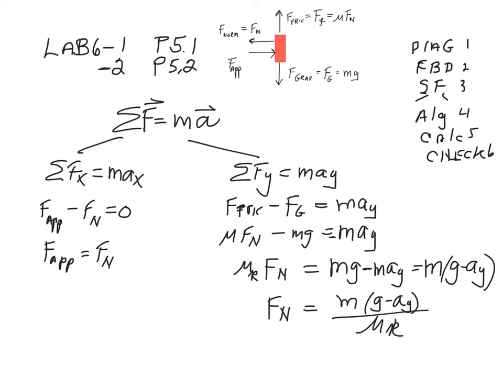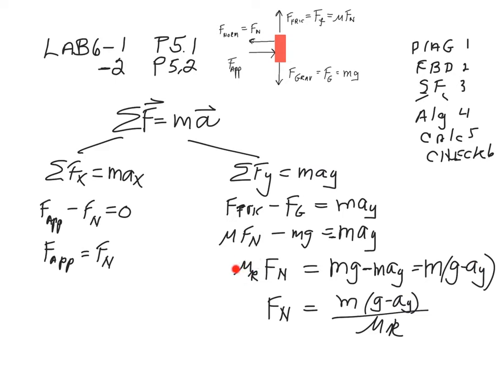You could leave it positive and then put a negative number in, but this is how I like doing it. So when I add mg to both sides, I get mg minus m a_y, and then I factor out the m and get m(g minus a_y).